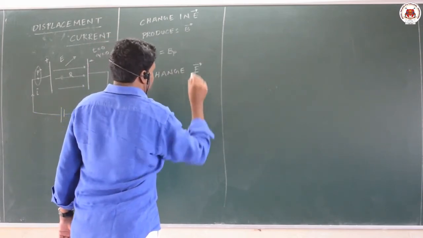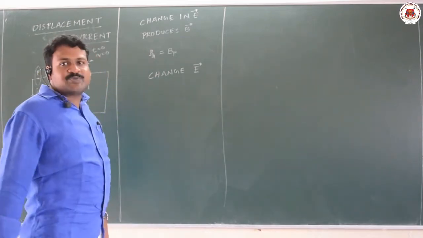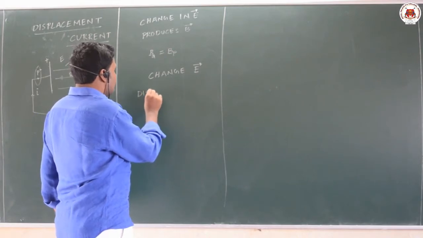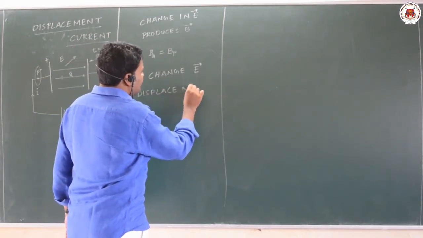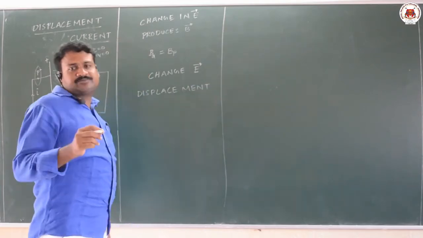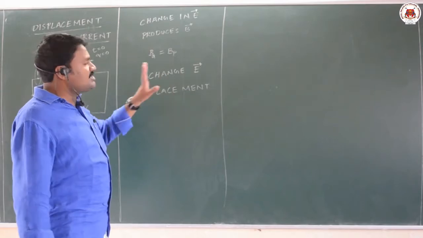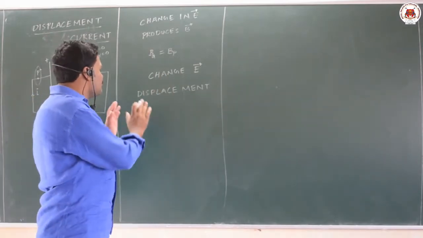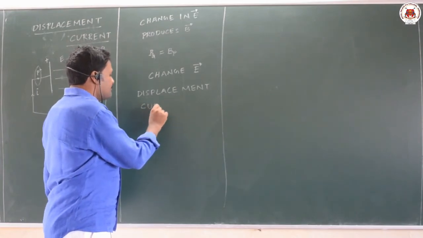The current which is produced due to change in electric field is called displacement current. This is the meaning of displacement current. Displacement current is not a conventional current. It is a current which is assumed to be produced due to change in electric field. If there is no change in electric field, there is no displacement current.